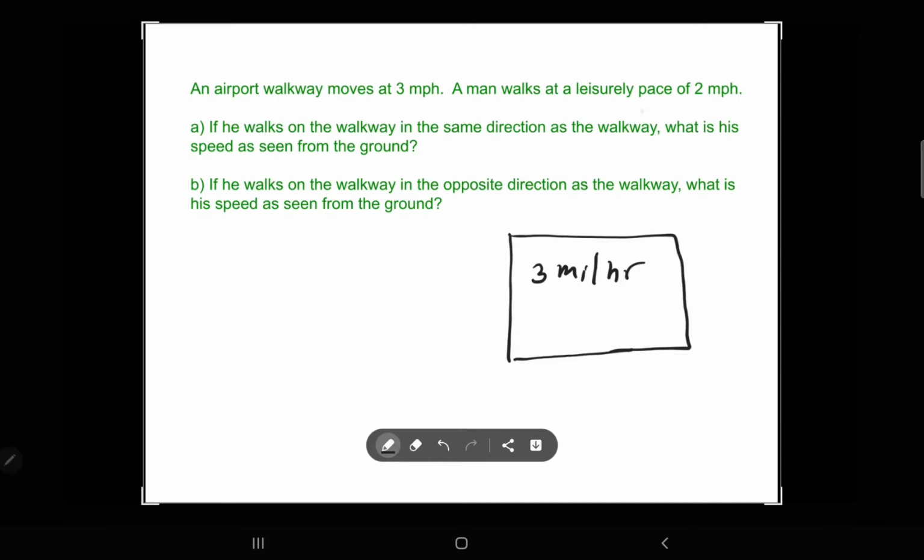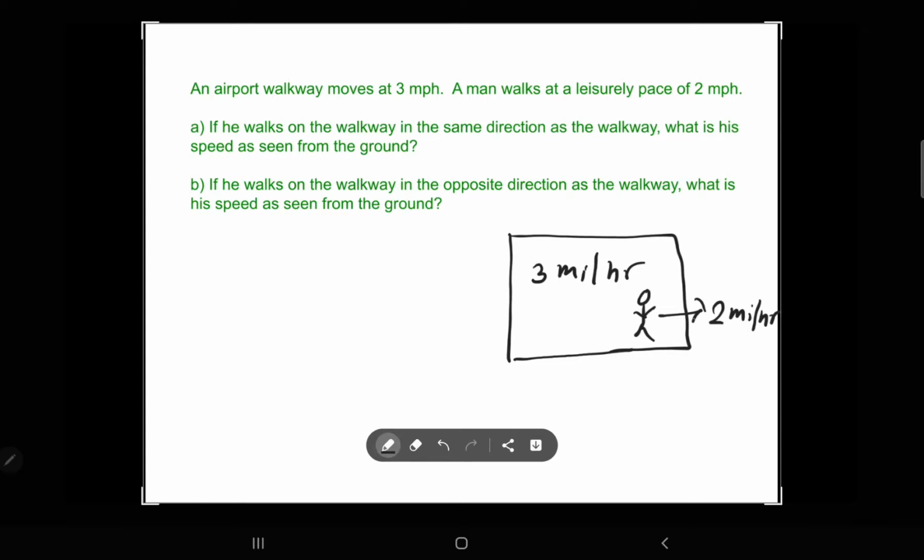A man walks at a leisurely pace of 2 miles per hour. So here is a man, moving with a velocity of 2 miles per hour within this frame, which is itself moving. The airport walkway is moving, and within that walkway a passenger is walking at 2 miles per hour.